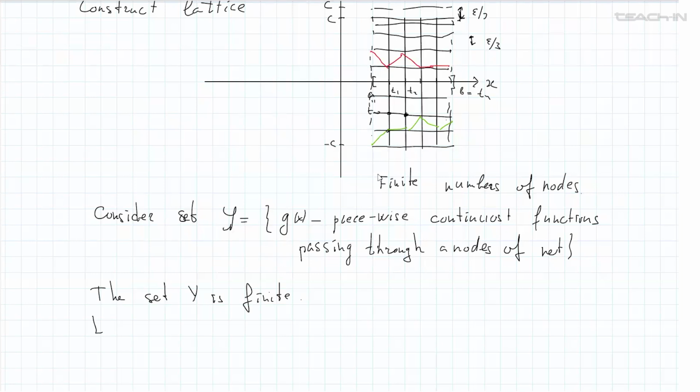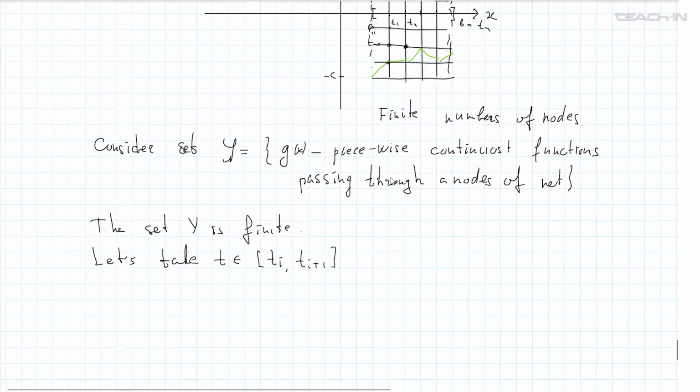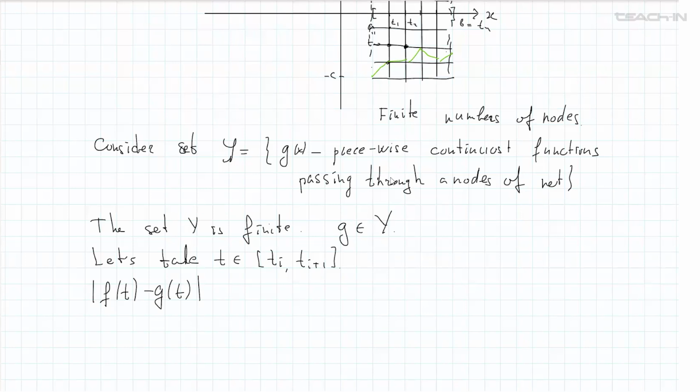Let us take an element, number point t, from the set Ti, Ti plus 1, and try to estimate f(t) minus g(t) using Y. So by the triangle inequality, it is less than or equal to |f(t) minus f(ti)|.